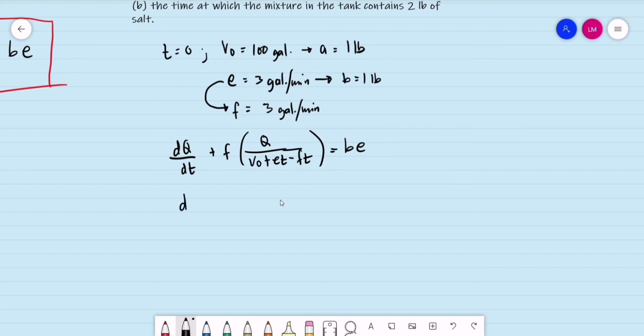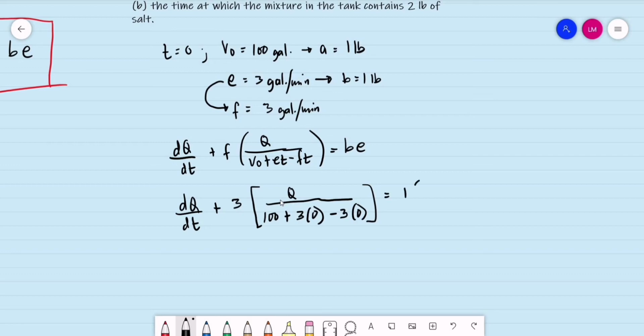We have dQ divided by dt plus F, that is 3 gallons per minute, multiplied by Q divided by initial volume 100 gallons, plus E is 3 times initial time 0, then minus F, that is 3, times initial time also 0, is equal to B, that is 1, multiplied by E, that is 3. Then we simplify.